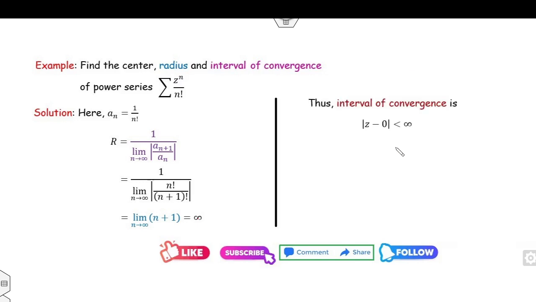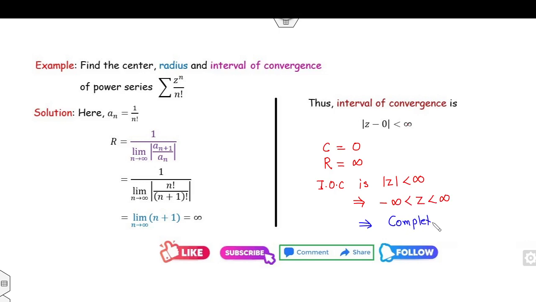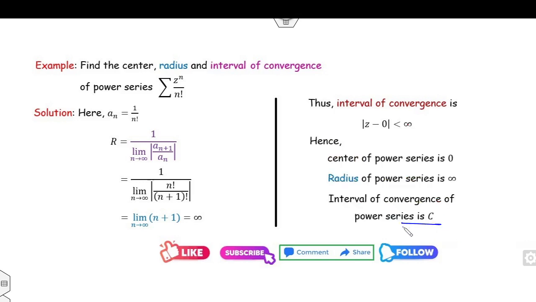Now you can see the coefficient of z is 1, therefore center is 0, radius of convergence is infinity, and the interval of convergence is |z| < infinity, or you can say minus infinity < z < infinity. What is the meaning of that? It's the complete complex plane. So the interval of convergence is the complete complex plane, radius is infinity, center is 0.